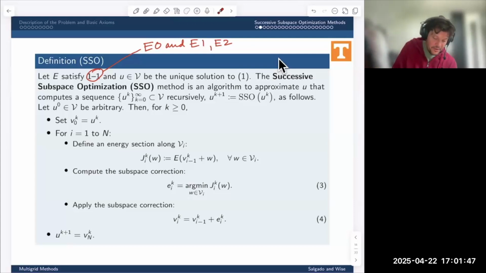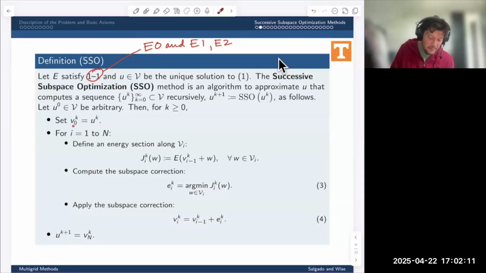We're going to start off with, again, U_0 being arbitrary. It doesn't need to be all that close to U to get started, and in fact, even to guarantee convergence. So I'm going to focus on computing U_{k+1} from U_k. This is going to be done by a sequence of points which we're going to call V_i^k.